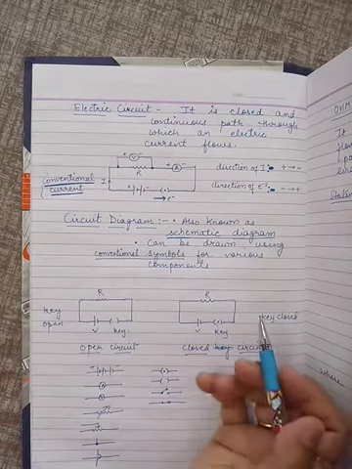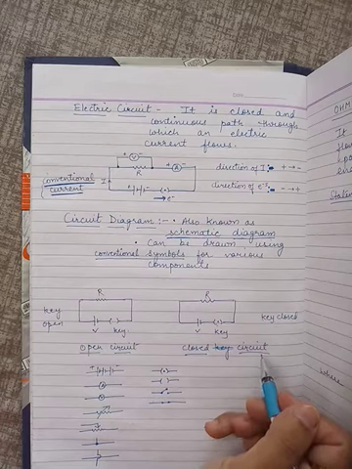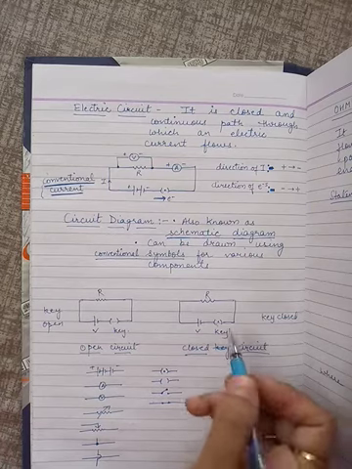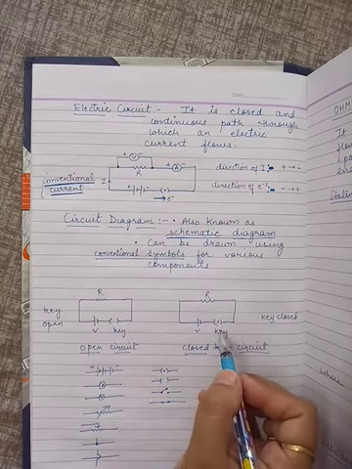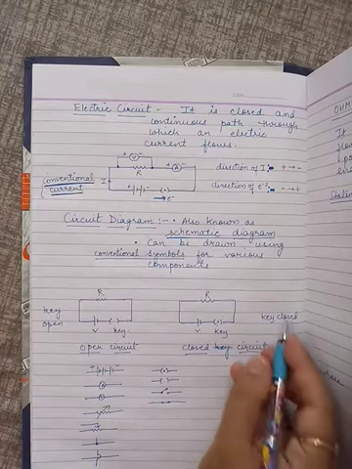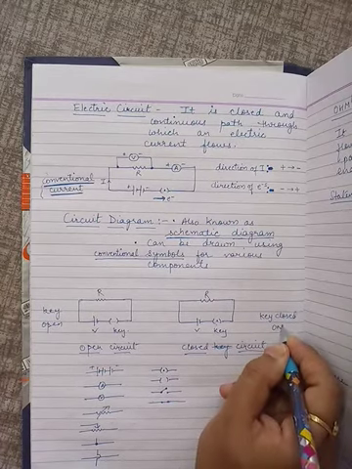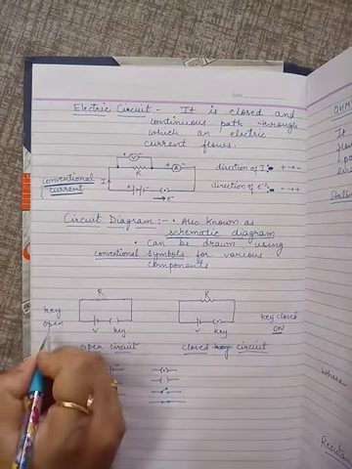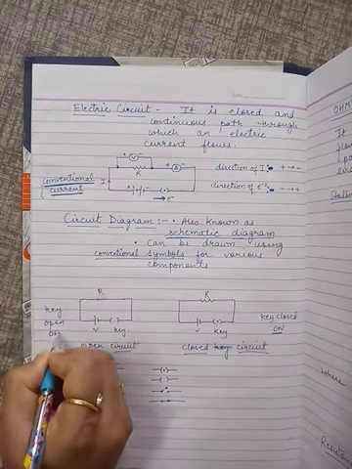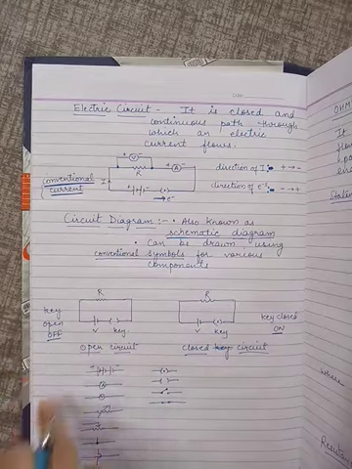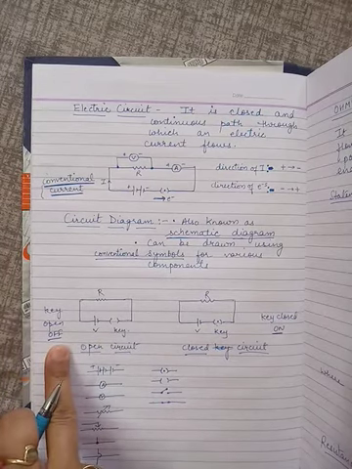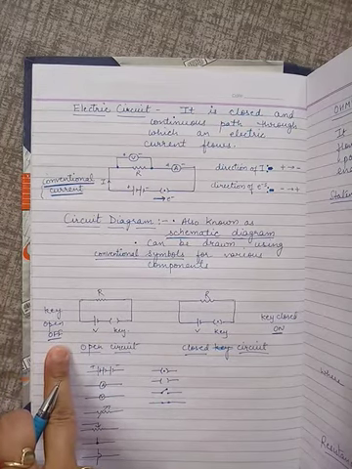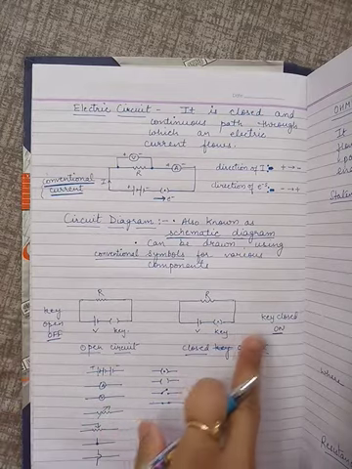The complete circuit is called a closed circuit. When the key is closed, the circuit is in the on situation, we call it the switch is on. And in this case the switch is off, because the key is open. This we need to remember. Don't get confused over here.